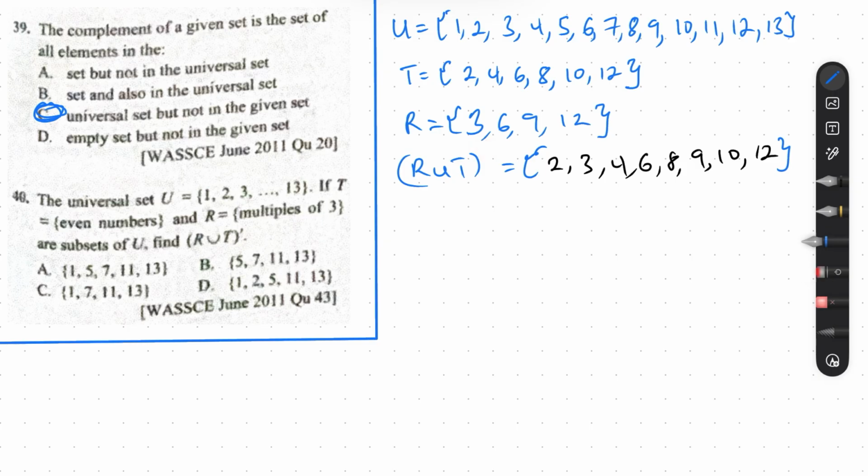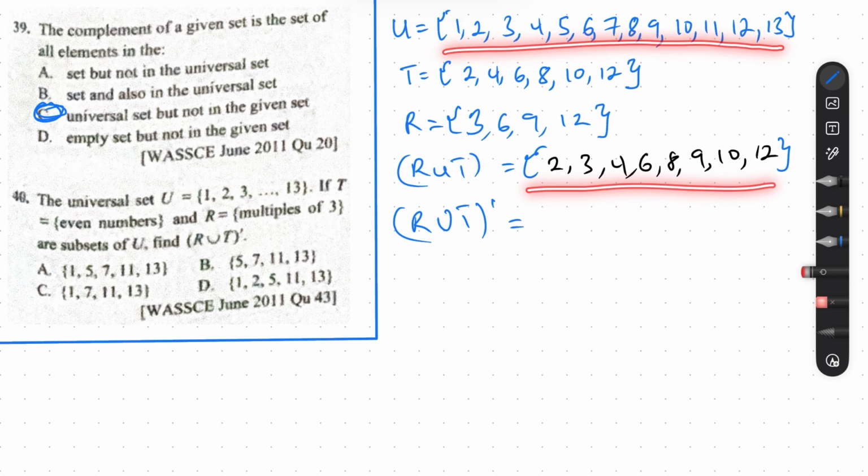Okay, so R union T, sorry for writing the union like that. Let me write it properly. We have R union T complement to be all the elements in the universal set that cannot be found in this set. Okay, so let's compare this set and then this set, and the ones that are here but are not here, that will be our answer.